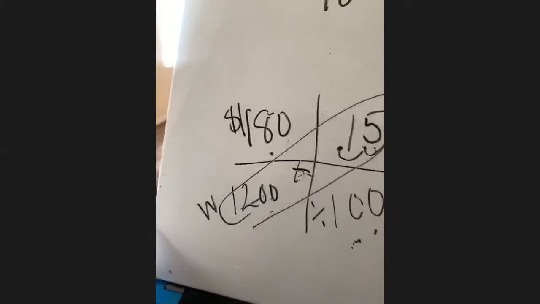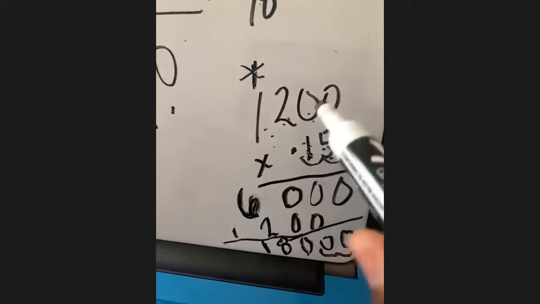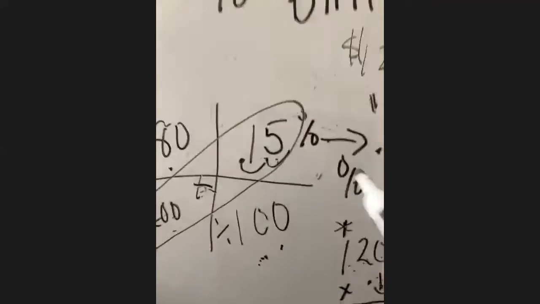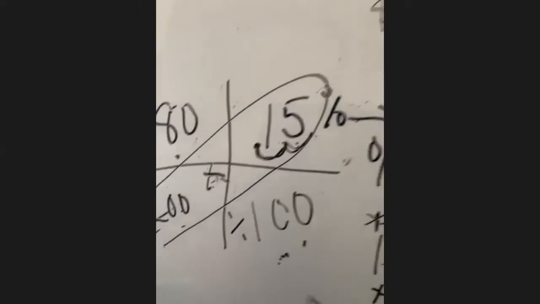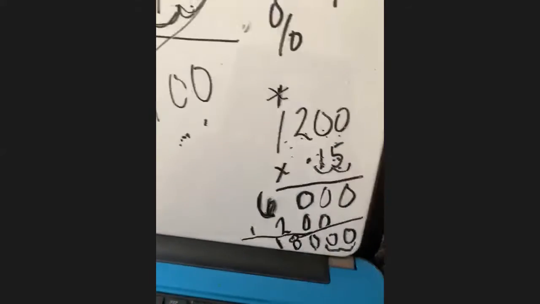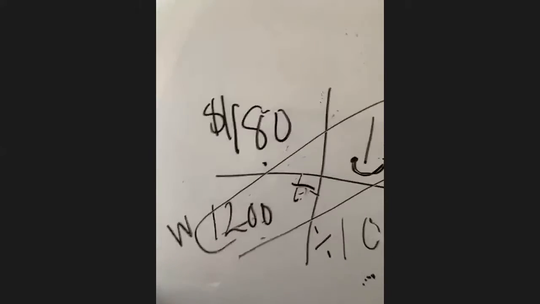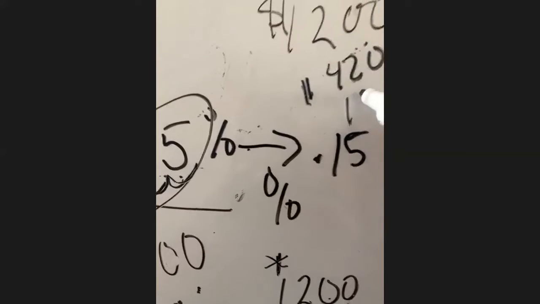You would get the same answer. But you could skip a step. When you're looking for a percentage of a whole, you could just convert the percentage into a decimal by moving it 2 places to the left and multiplying it by the whole. And you would get 180. So what did we say? 180 for electric.